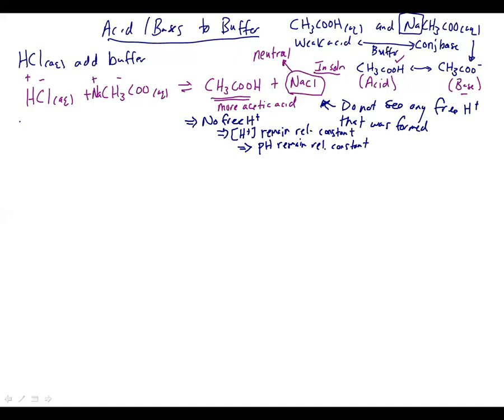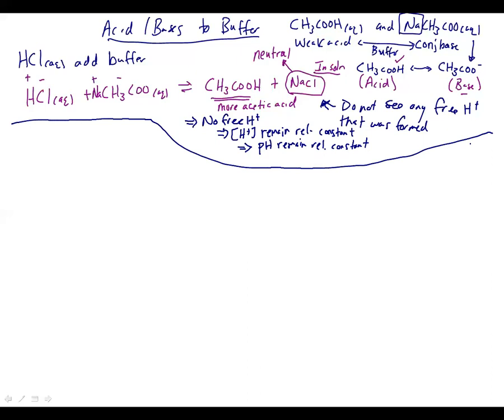So the way a buffer is able to prevent the change in pH when we add an acid is that all that free H plus, which normally would be let go free into that solution, gets gobbled up and incorporated into making acetic acid. And the key here is we did not generate a lot more free H plus. H plus remains relatively constant. The pH will also remain relatively constant.